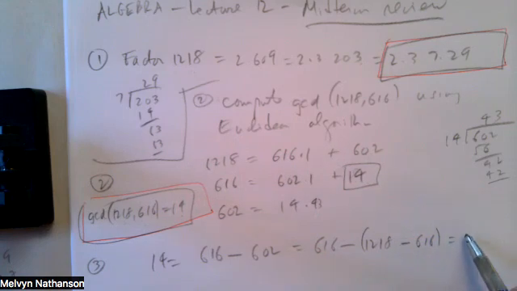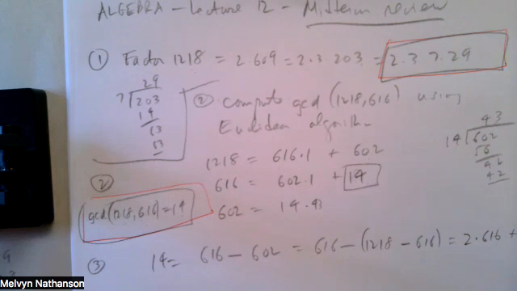So this is 2 times 616 plus minus 1 times 1218. Or 1218 times minus 1 plus 616 times 2 equals 14.